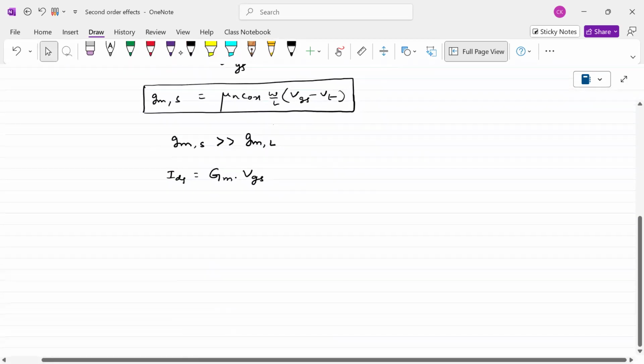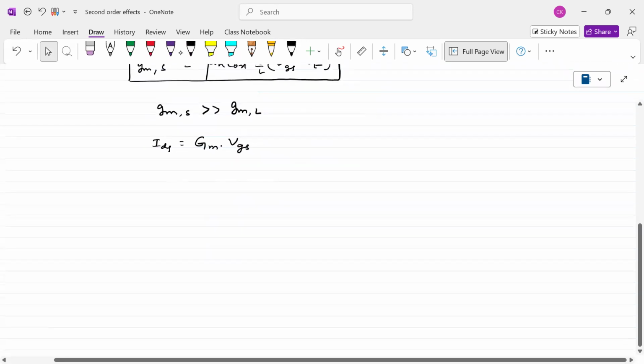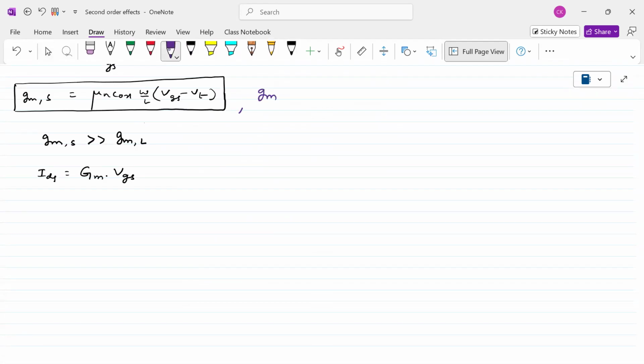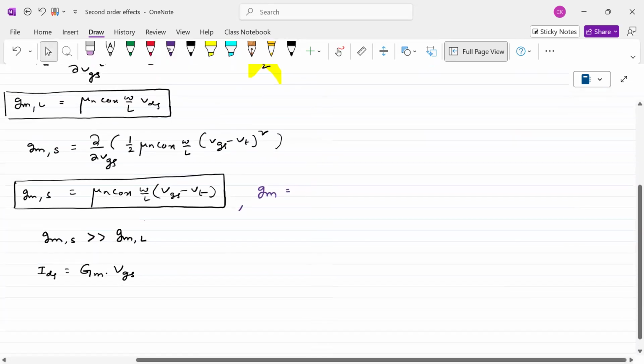Now, this is one form, the standard form, but there are different forms for gm. Instead of writing gm with subscript s, we always think about the saturation region, which is why I'm writing gm alone. Another form can be written like this. What is the ID here? As we know, this is an ID.